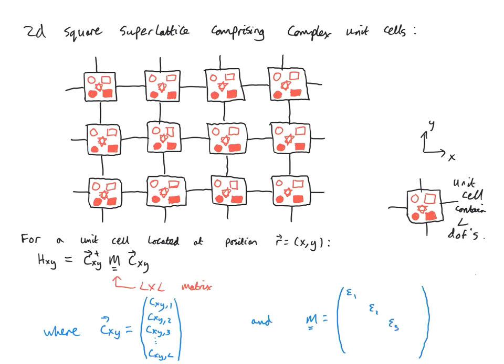Orbital 3 has an energy epsilon 3, and so on, all the way down to orbital L. The electrons may be able to tunnel from orbital to orbital within the unit cell, and I'll call those T's: T12, T21, T13, T23, and so on and so forth.